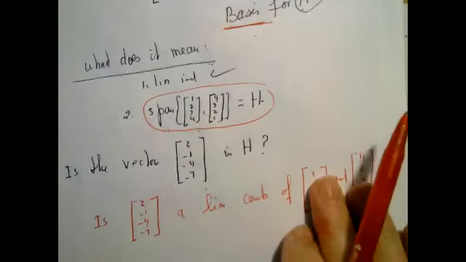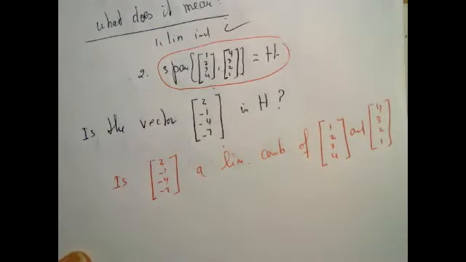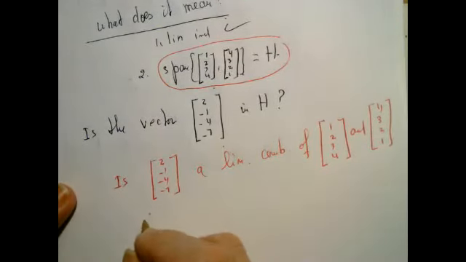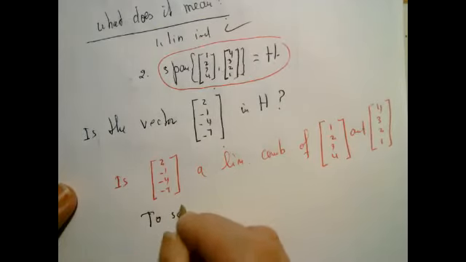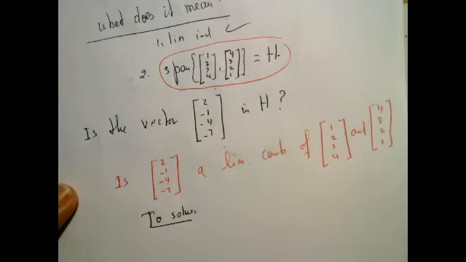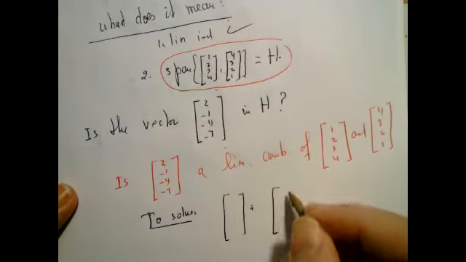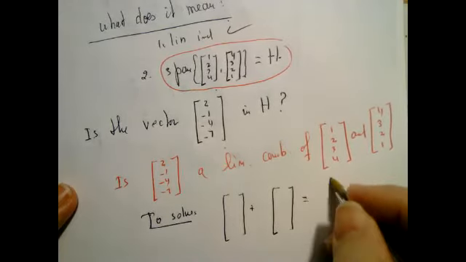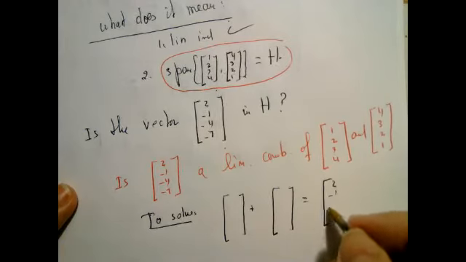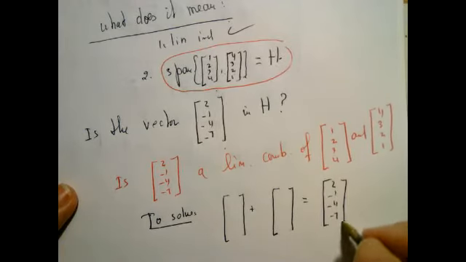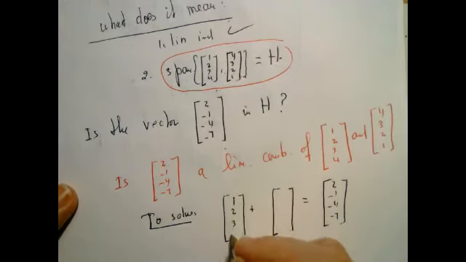So now I have to solve the system. Can I find weights to put on those basis vectors that will give me this one? That's what I need to ask.